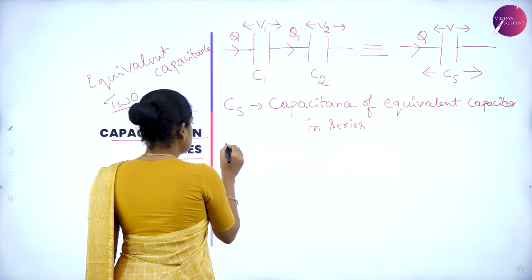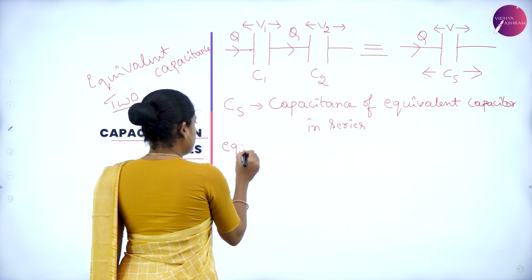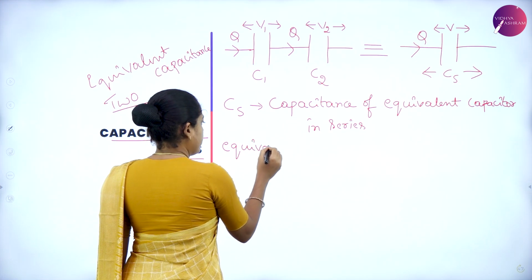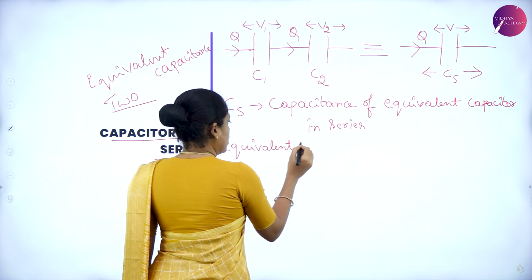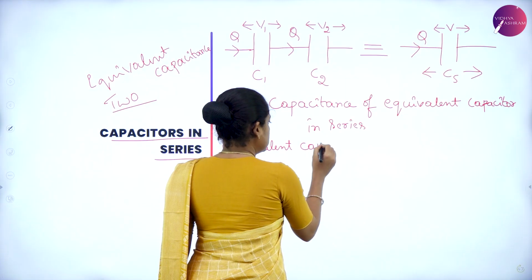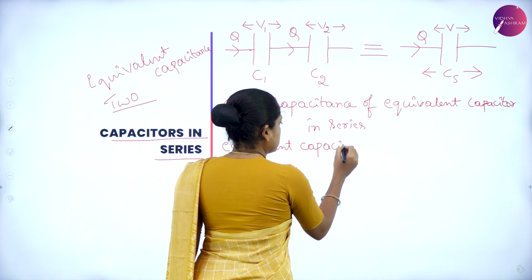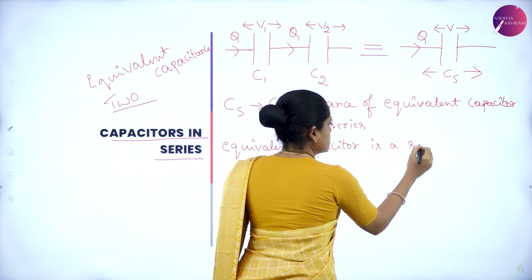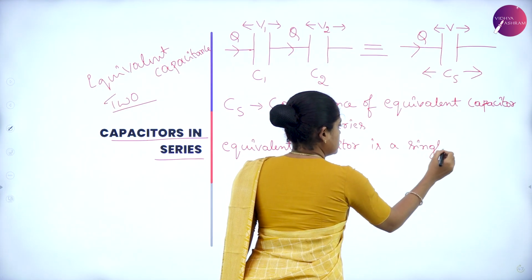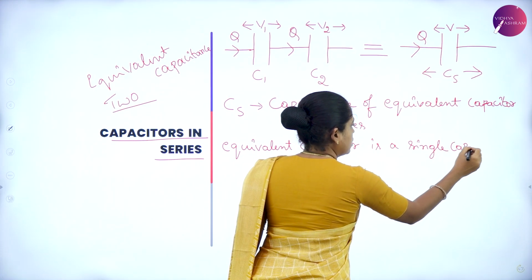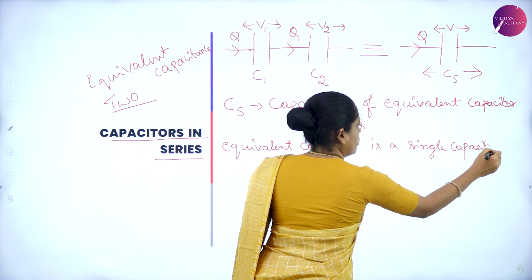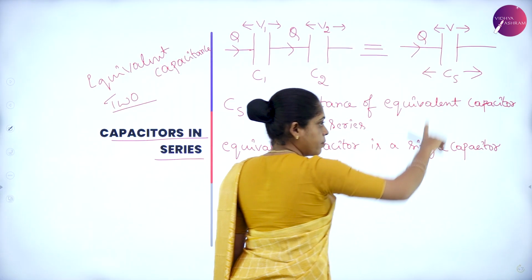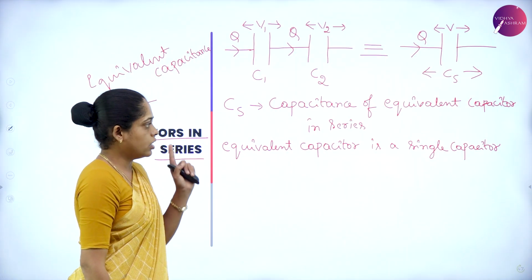An equivalent capacitor is a single capacitor. Observe the picture. This is the equivalent capacitor, which is a single capacitor.